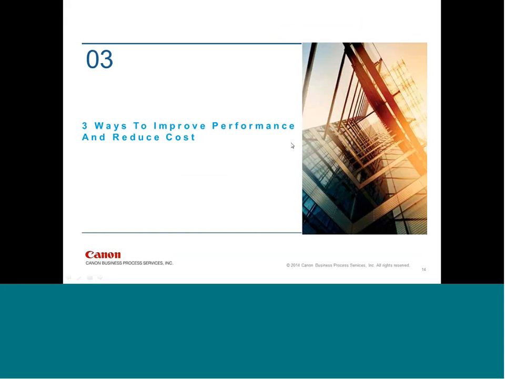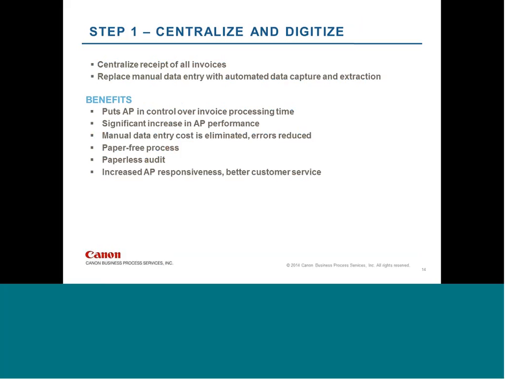So those are about 5 points of discussion that we thought were interesting. There's more in there about e-invoice adoption that I thought was very interesting. I think you should review that and see what you can take away from it. With that, I'd like to pass it on to Brian to talk about ways to improve performance and reduce cost.